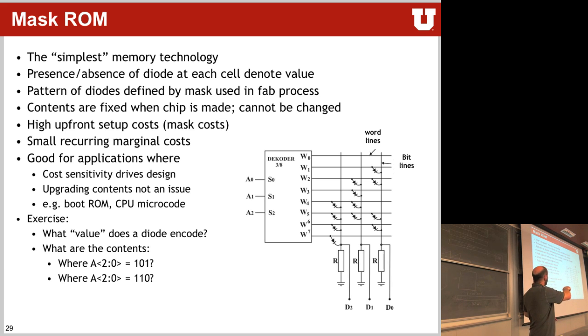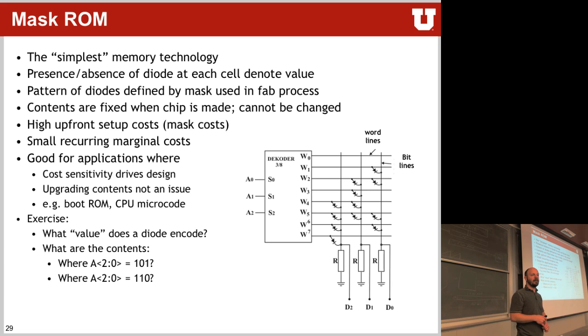So what's the output for a data 101? 101. Is this one here? So we have a connection, connection, connection. Can somebody read this diagram and tell me what the output would be? 111.